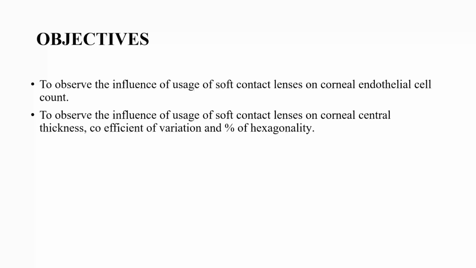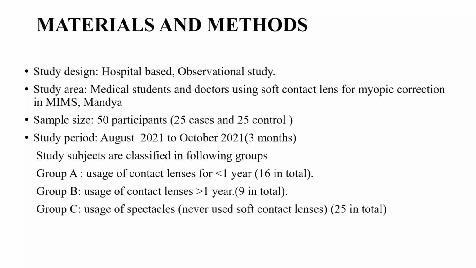The objective of my study was to find the influence of usage of soft contact lenses on the corneal endothelial cell count, as well as to observe the influence of soft contact lenses on central corneal thickness, coefficient of variation, and percentage of hexagonality. It was a hospital-based observational study conducted on medical students and doctors using soft contact lenses for myopic correction in MIMS Mandya. 50 participants were chosen, out of which 25 were cases and 25 were controls.